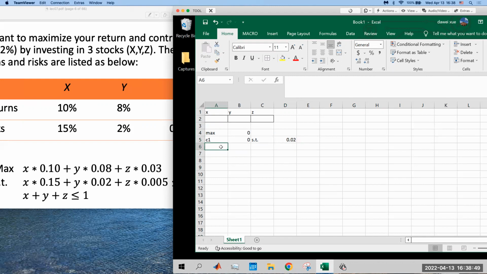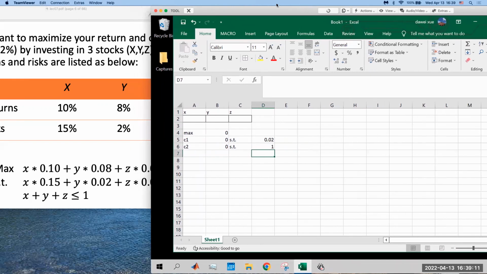And we have another one. Constraint 2 basically means the summation of these three cells cannot exceed 100%. That's the physical constraint, and it's subject to the value of 1.